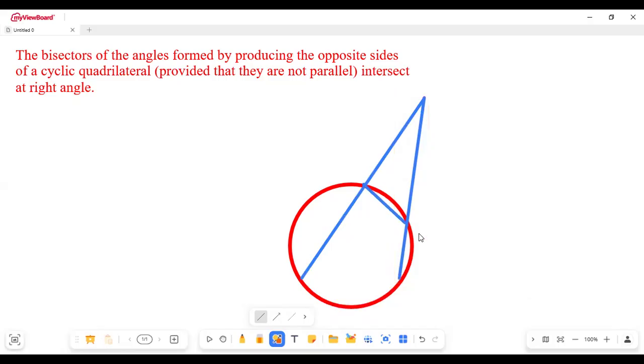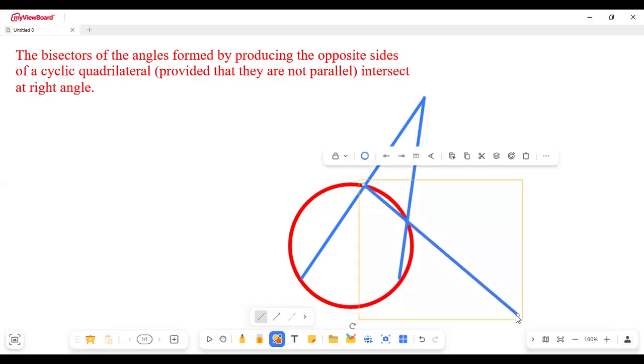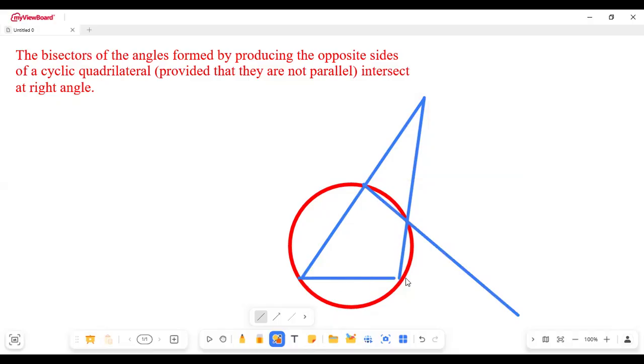This one is from here, and this one is extended to here. Now this has become a cyclic quadrilateral.